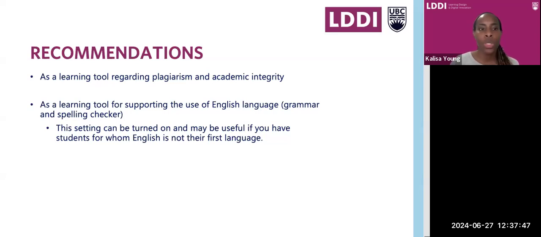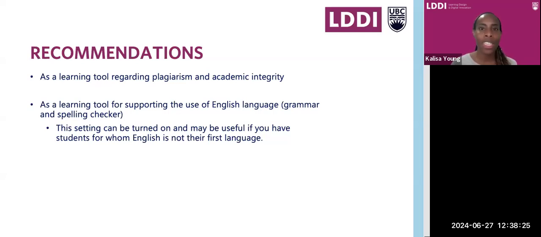Within the Faculty of Education, we do have an English language institute, and they are teaching English language learners. So this could be a really good way for them to go through their work to see what's being flagged, and work to improve their English language, especially as it pertains to academic writing. So those are some pieces that we recommend when using Turnitin and its functions.